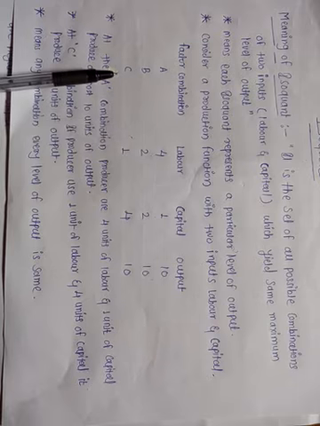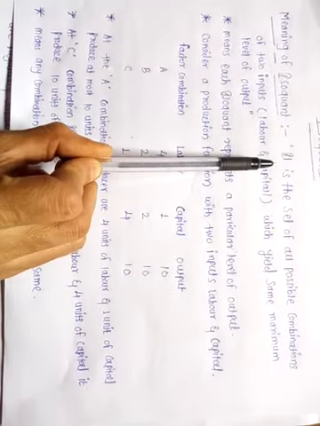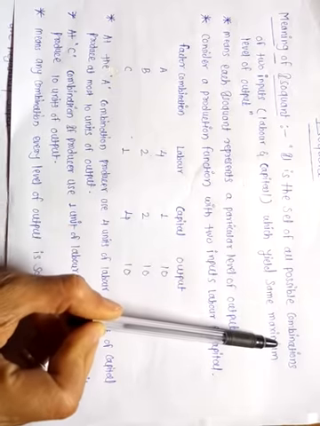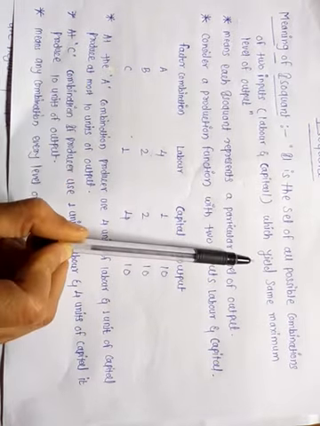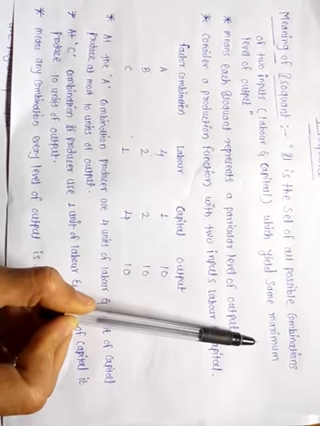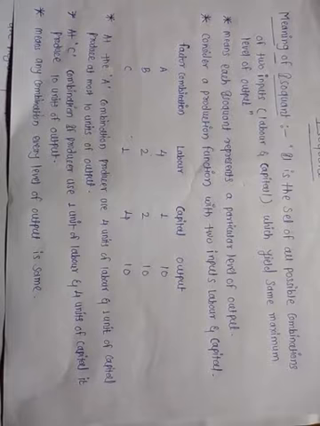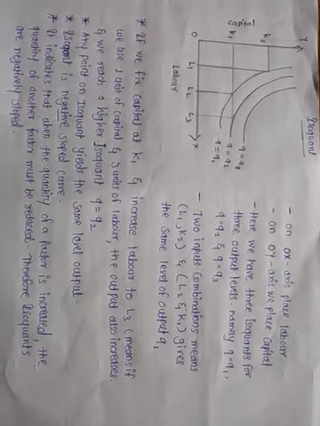At combination C, output is 10 units. Means the isoquant is the set of all possible combinations of two inputs which yield the same maximum level of output. Students, we explain it with the help of a diagram.